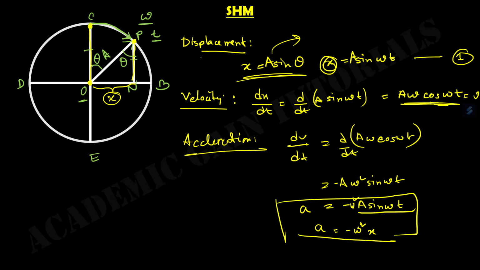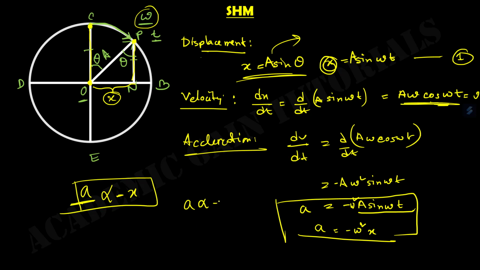In our first video we discussed that when a body or particle is moving in simple harmonic motion, its acceleration is proportional to the displacement, and this acceleration always acts towards its mean point. So there we use a minus sign. If omega, the angular velocity, is constant for this particle, then I can say a is proportional to minus x.